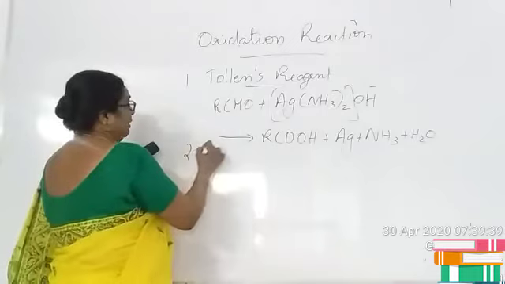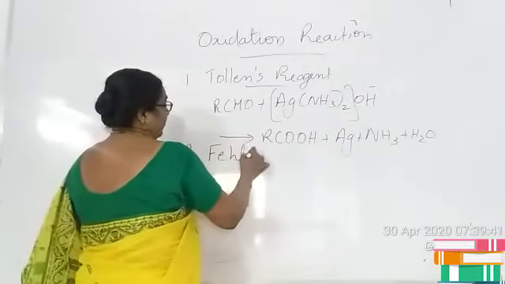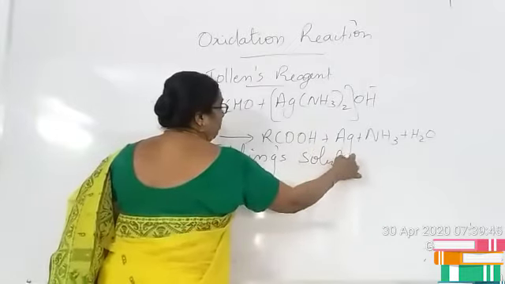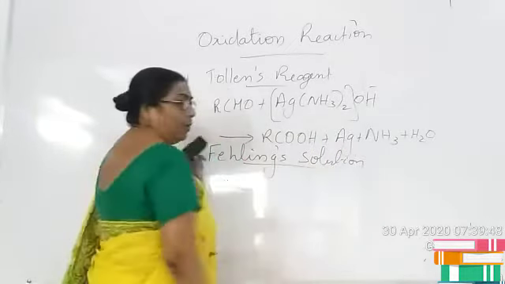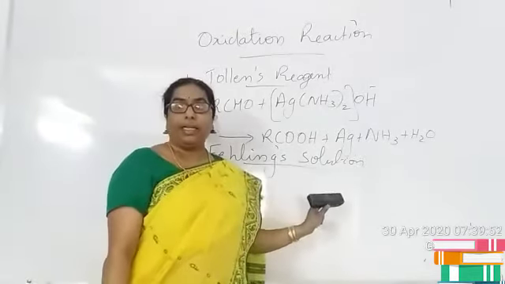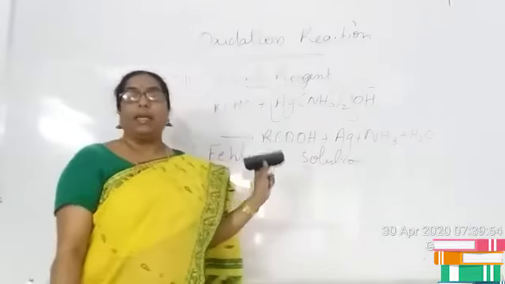Second, we can consider the Fehling's solution test. Fehling's solution is actually a mixture of copper sulfate and sodium hydroxide containing sodium potassium tartrate.